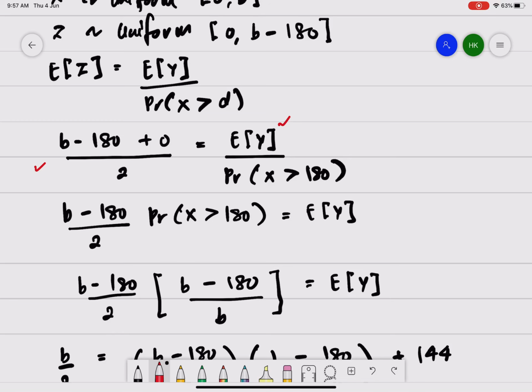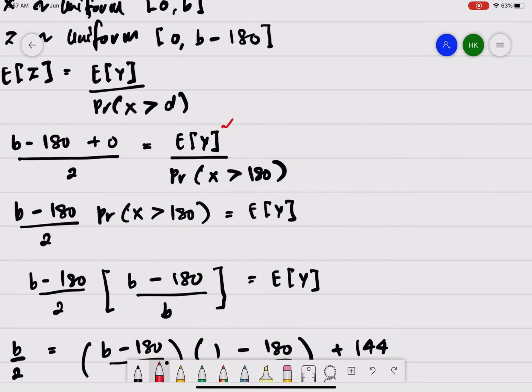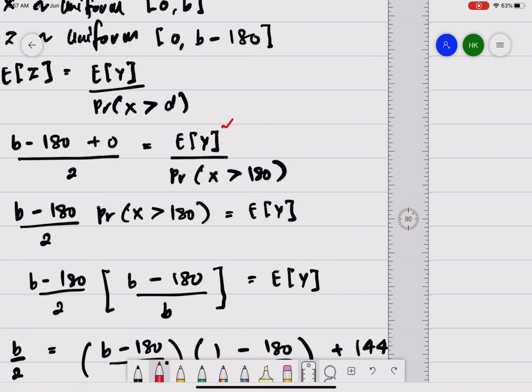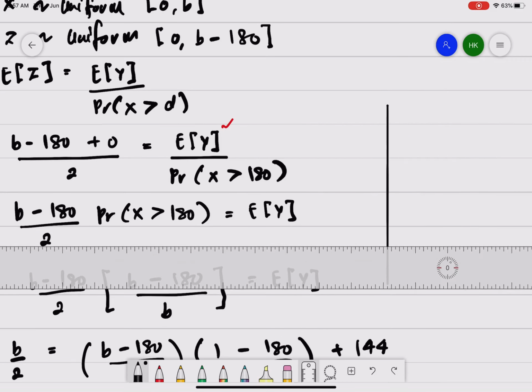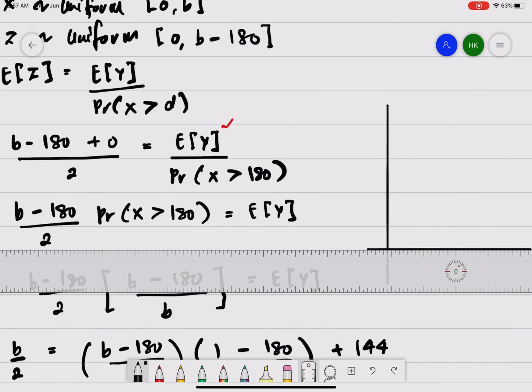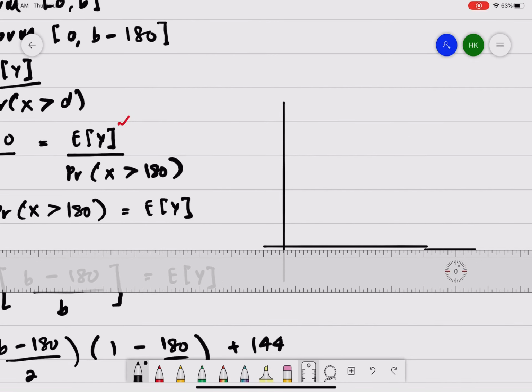So if you cannot see that clearly, let's say I just draw the graph here for uniform.